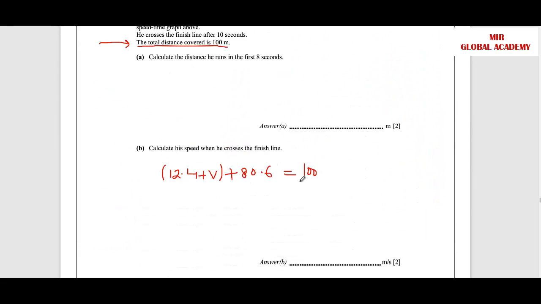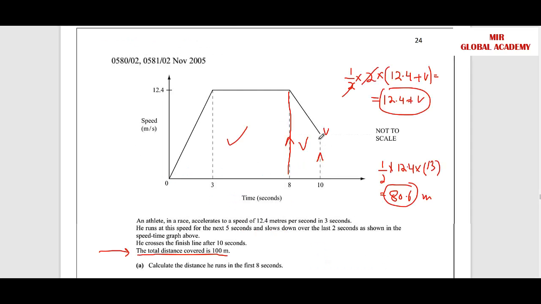Now we have one equation. Now we will solve this equation to find v. It is v plus 93 equal to 100, and v is 7 meter per second. But from our observation, it looks like it could be 6.2, but it is 7 right now. So we have calculated this v, which is 7 meter per second.